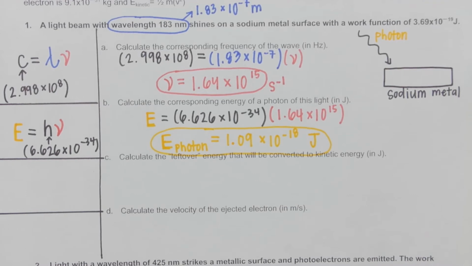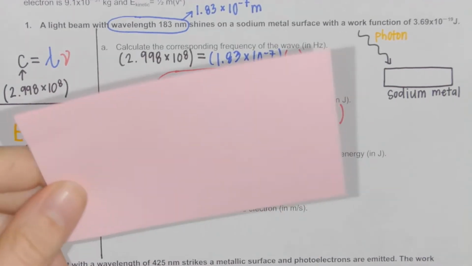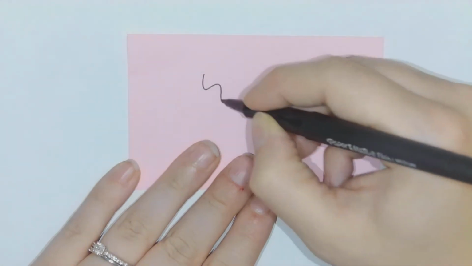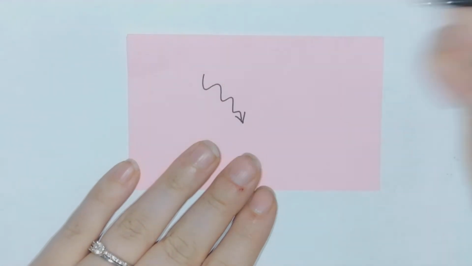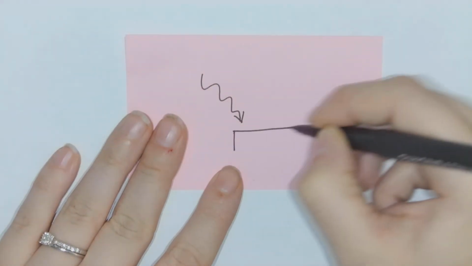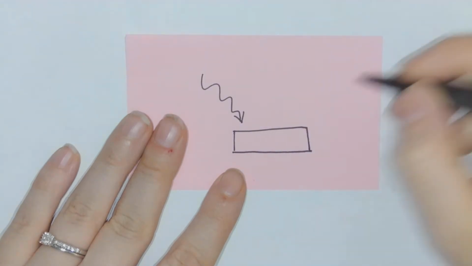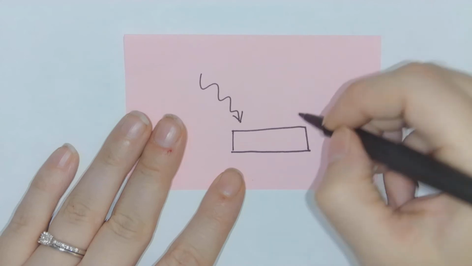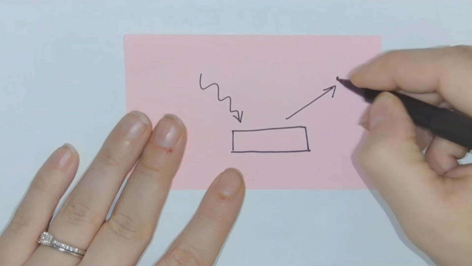So the photoelectric effect is based on the light coming in. Let me get a blank piece of paper. The light coming in has a certain amount of energy. There's an impact on the metal, and if there's enough energy, then electrons will fly off.